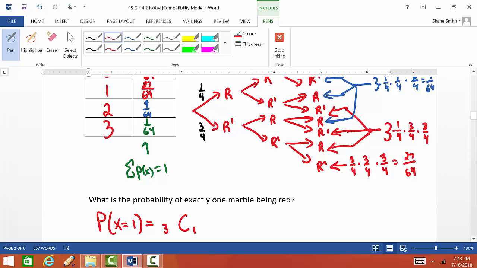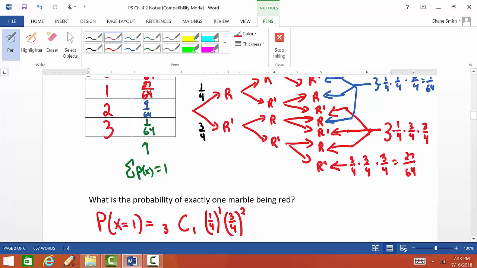Then we take our probability of success, which is 1/4, and we raise it to the first power because we only have one red marble. And we take our probability of failure, which is 3/4, and we raise that to the second power because we have two not red marbles. And that's exactly what we're doing.